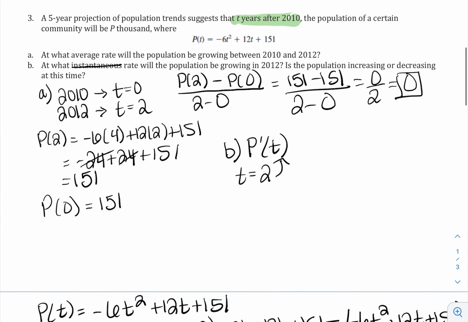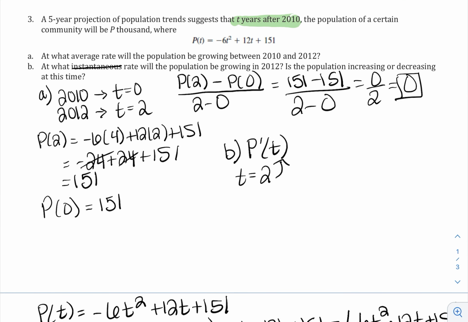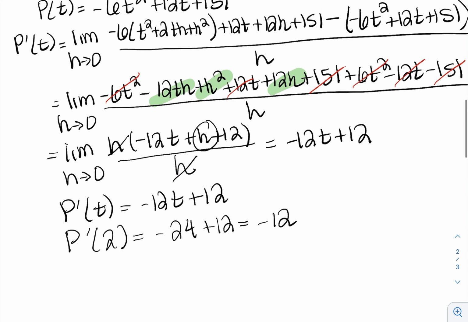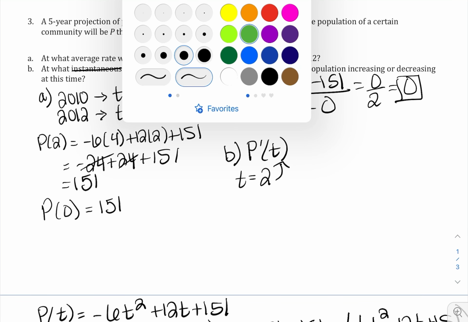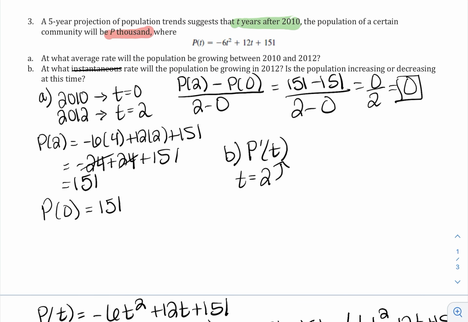So in 2012, I have a rate of change of negative 12,000 people. Okay, how do I know it's 1,000? Because it specifically states right here that my P is in 1,000. So because I'm getting negative 12, my rate of change in 2012 is negative 12,000 people.